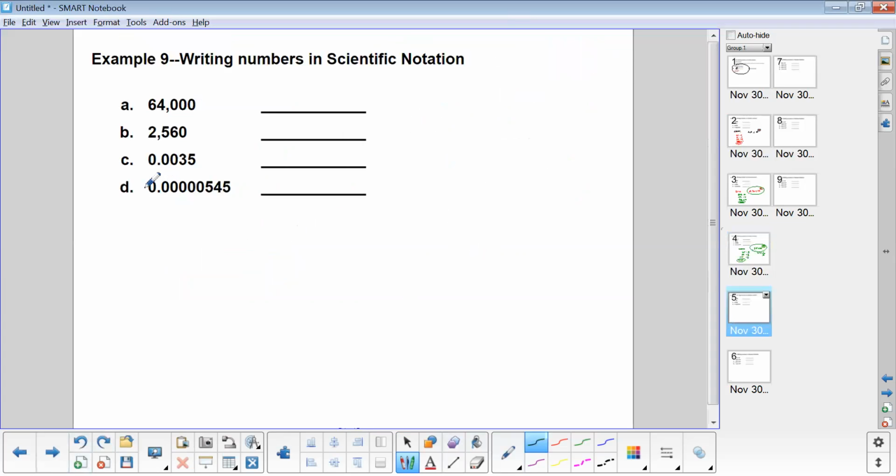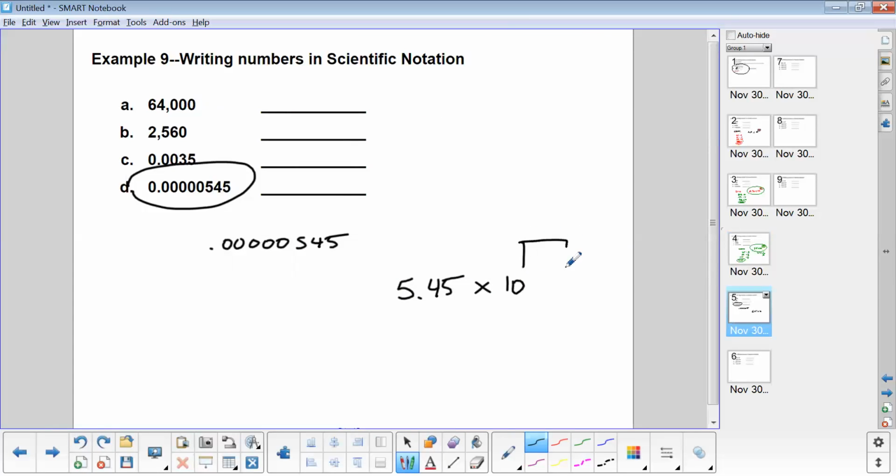And one more, we've got this number here, so we've got a very small number. Now, what should my A value be? It should be 5.45 times 10 to some power. Well, we know it's going to be negative. We're just trying to figure out how many times I have to divide by 10.